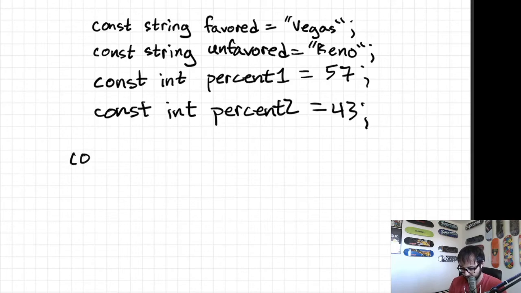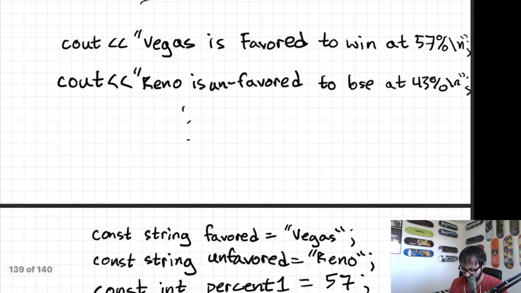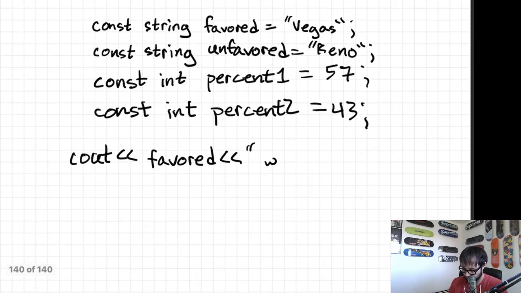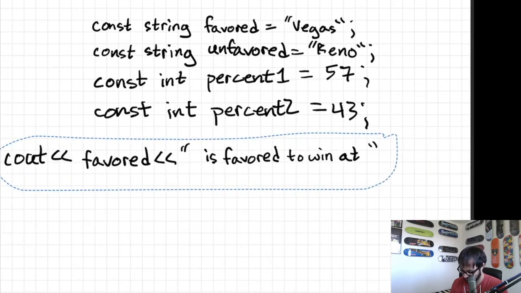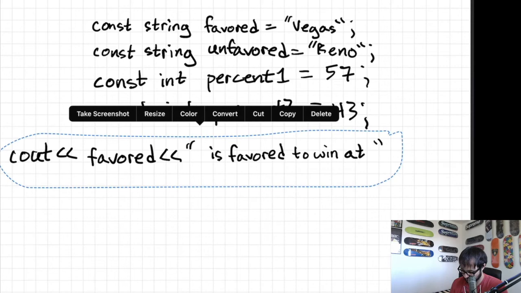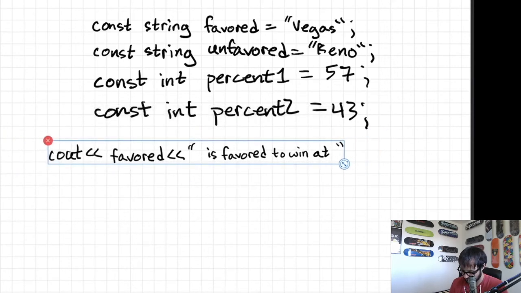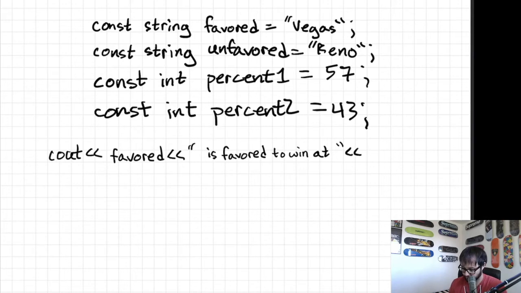And then you can just cout favored is favored to win at percent 1%.